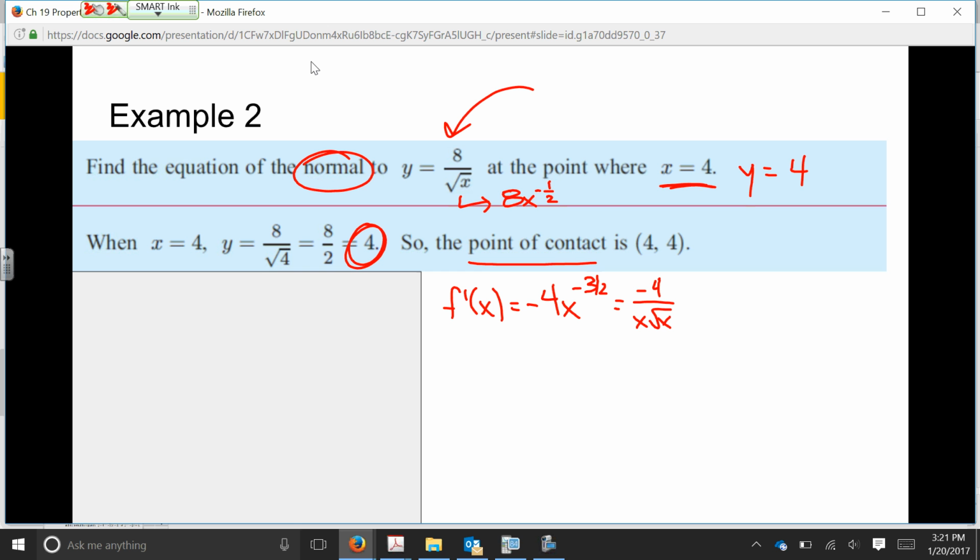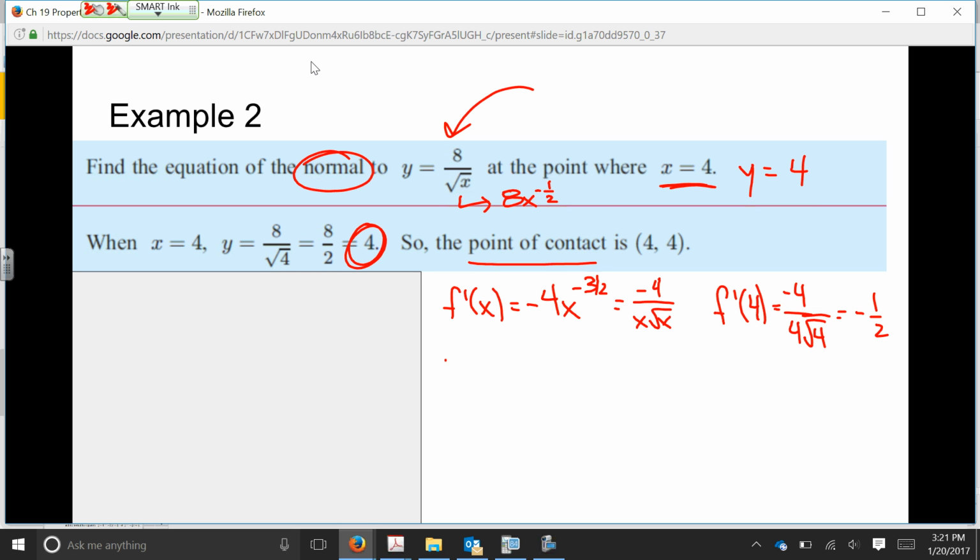And that's helpful because now when I go to find the derivative at 4, I can just plug in 4. Okay, now I have negative 4 over 4 times the square root of 4. And that ends up giving me negative 1/2. But again, that's the slope of the tangent line.